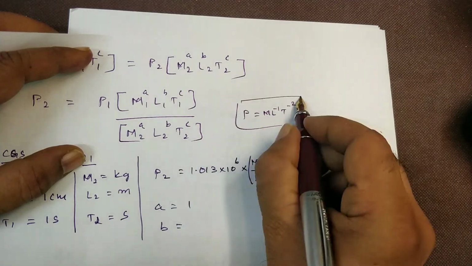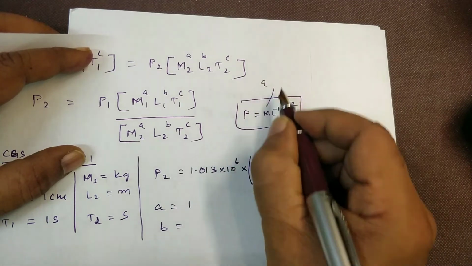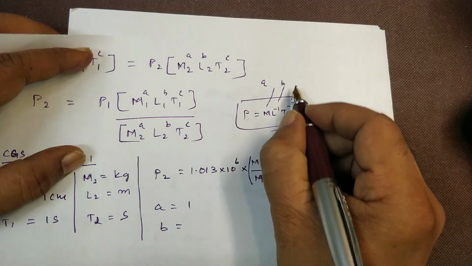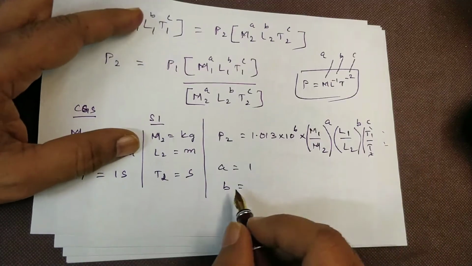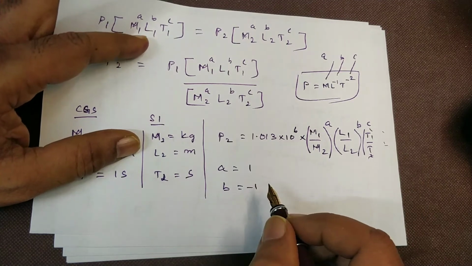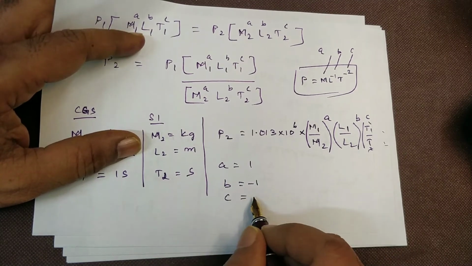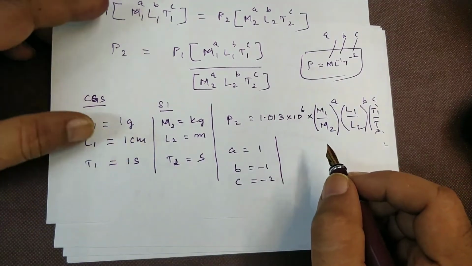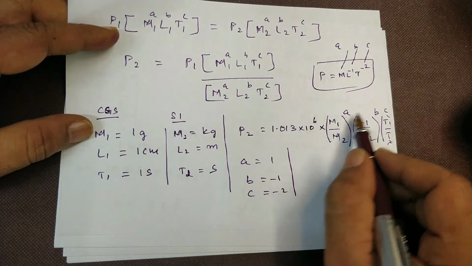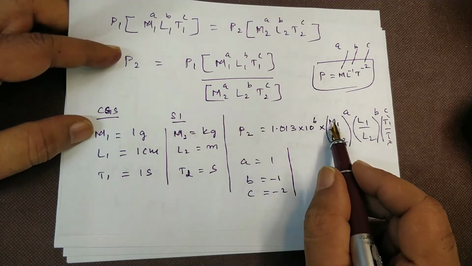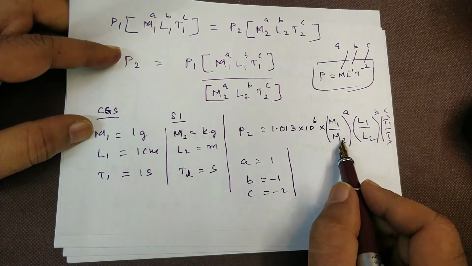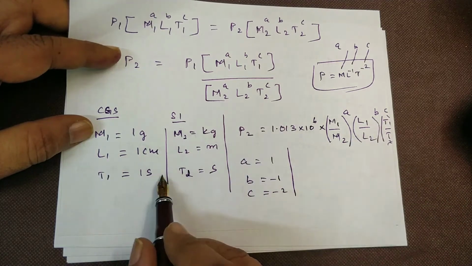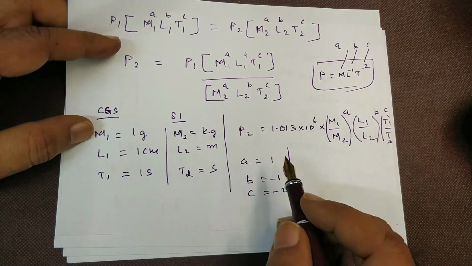So from this we can compare: a is equal to 1, b is equal to minus 1, c is equal to minus 2. Are you able to follow? Now let us substitute here: M1 is here, M2 is here, L1 is here, L2 is here. Likewise we can substitute everything.